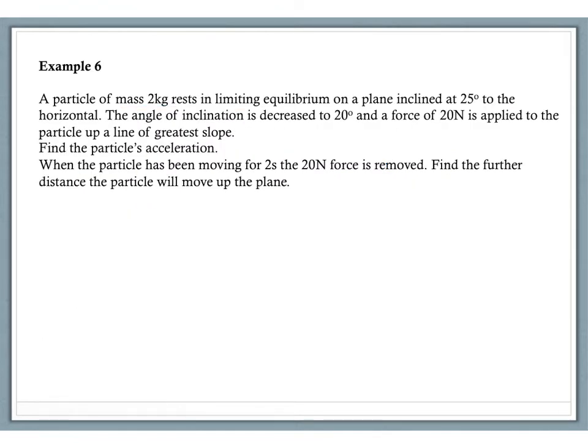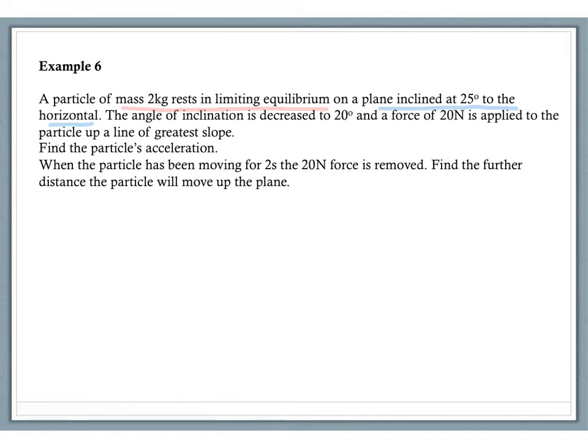Example 6. A particle of mass 2 kilograms rests in limiting equilibrium on a plane inclined at 25 degrees to the horizontal. Let's sketch this because there's quite a lot going on in this question and the situation will change in a minute.